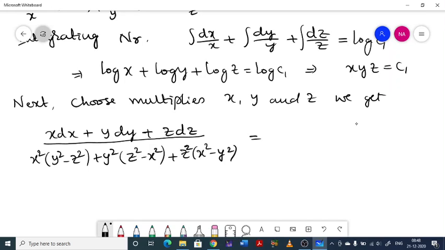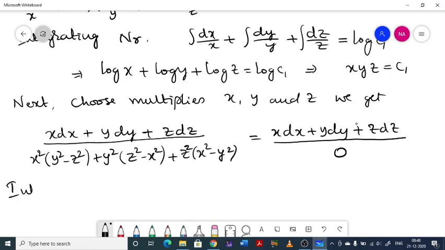So you get x dx plus y dy plus z dz divided by 0. That is just a notational presentation there. We are not actually dividing it by 0.